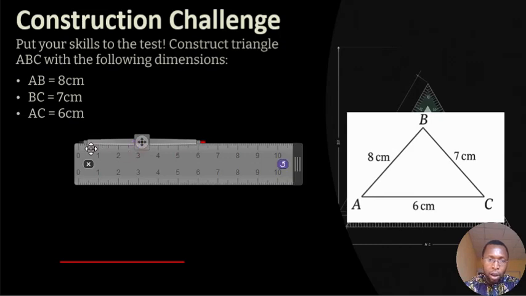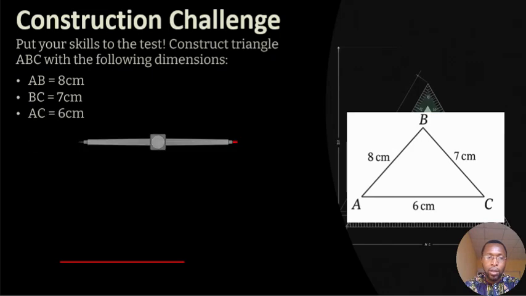From the center of that compass, I will extend it to 8 centimeters. I've gotten 8 centimeters on my compass using the ruler. Then I can take away my ruler since I've gotten 8 centimeters from the compass.